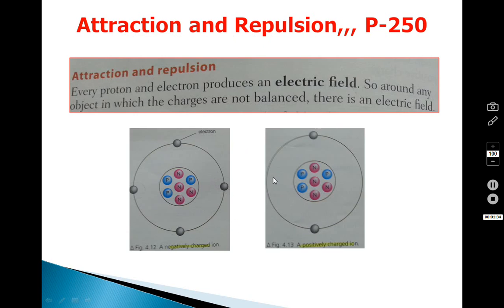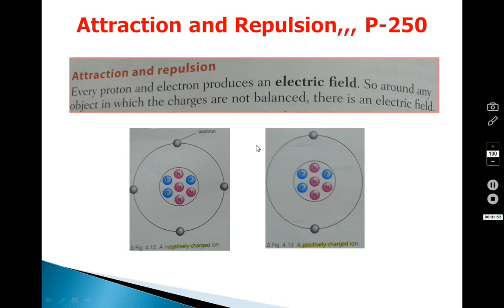As we discussed in the last class, every proton and electron produces an electric field.